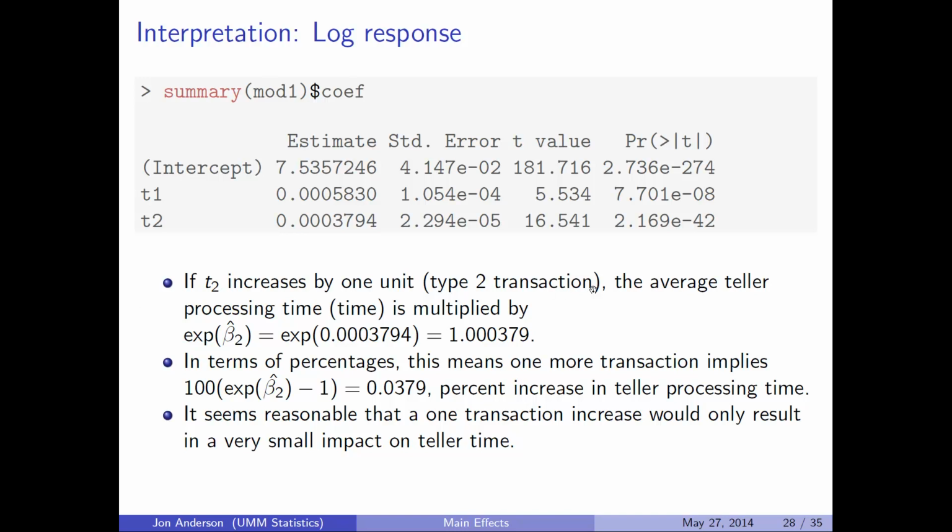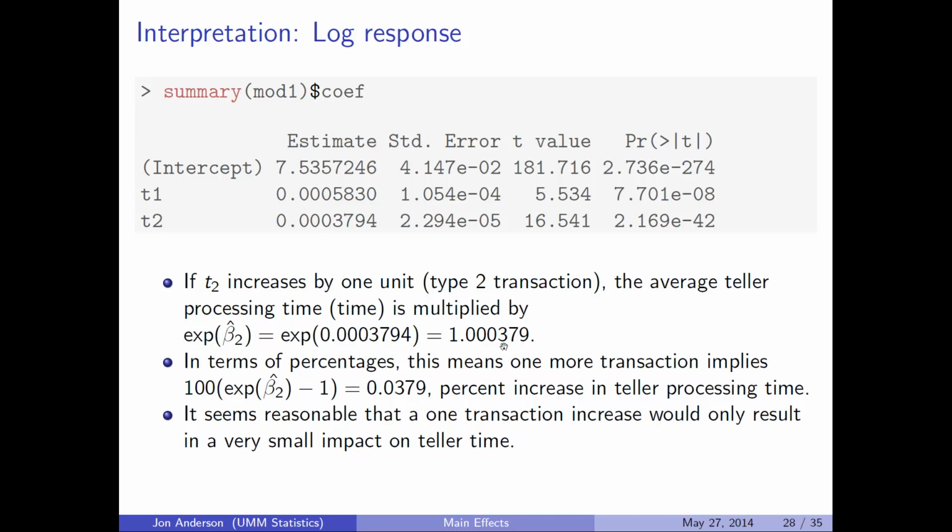Well, if T2 goes up by one more Type 2 transaction, we know from a previous overhead result that the processing time is going to go up by an e to the beta hat 2 multiple. So whatever the previous teller time was, teller time will go up by this ever so slight inflation factor.